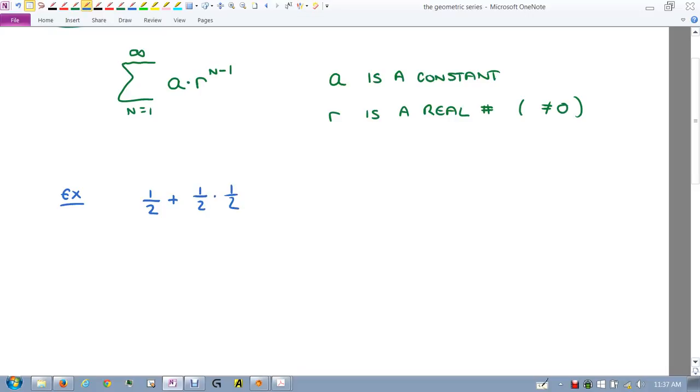I'm going to write it like that. I know that's 1/4, but the next part would be half of a half, wouldn't it? Half times a half times a half, plus another one, half, half, half, half. So this really looks like 1/2 plus 1/4 plus 1/8 plus 1/16 plus, and it keeps going, yes?